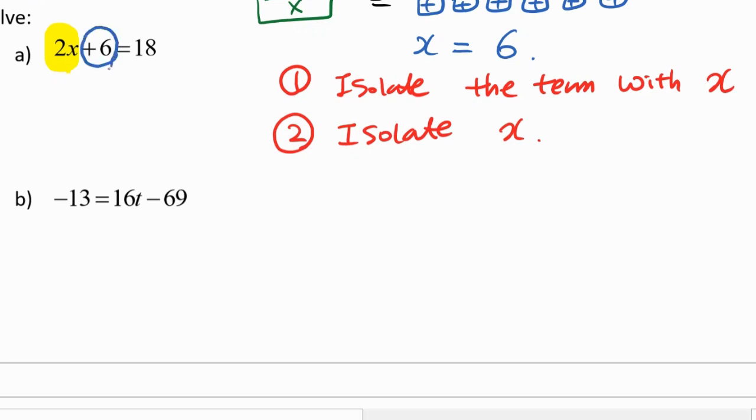So we're going to get rid of plus 6 using inverse operation. So what's the opposite of plus 6? That is minus 6. Minus 6, right? Then this will cancel. 2x equals 18 minus 6. That will be 12, right?